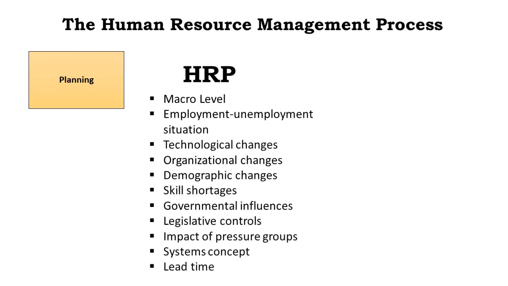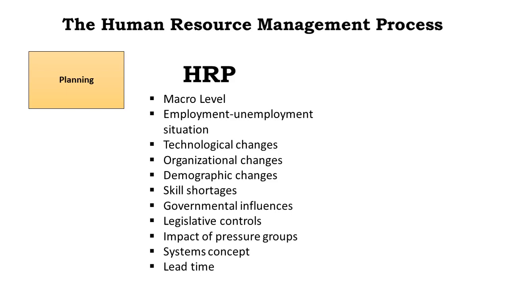Still on planning, we need to take into consideration the following factors in doing the HRP. These are the macro level: employment, unemployment situation, technological changes, organizational changes, demographic changes, skill shortages, governmental influences, legislative controls, impact of pressure group, systems concept, and lead time.